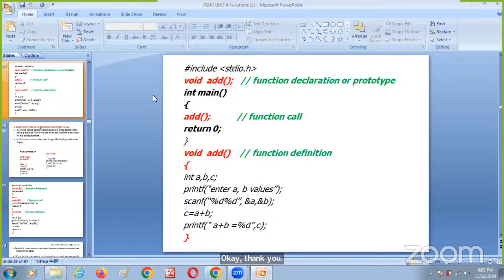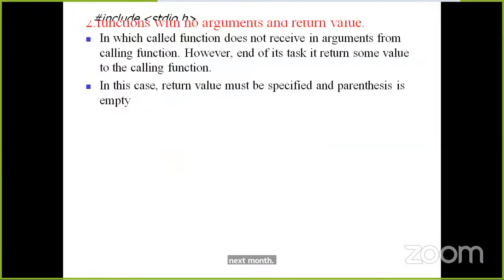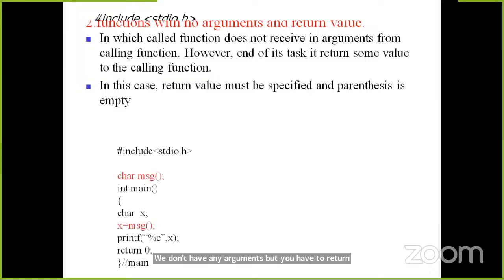So the next one is functions with no arguments and a return value. We don't have any arguments, but you have to return a value. That is the second category. What I am expecting is here: char message.